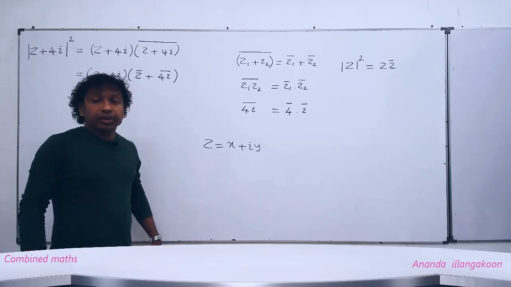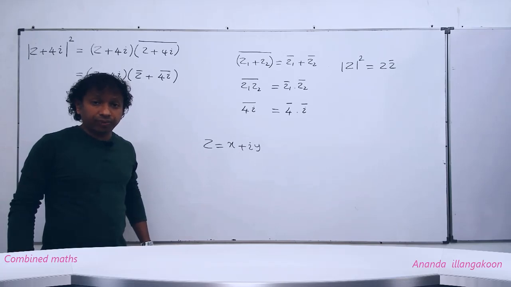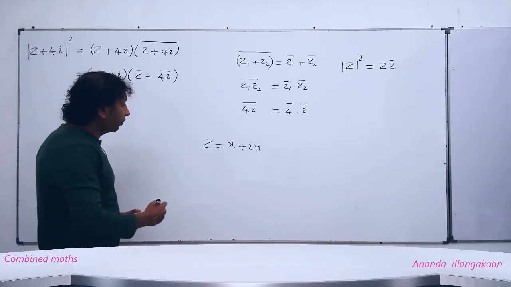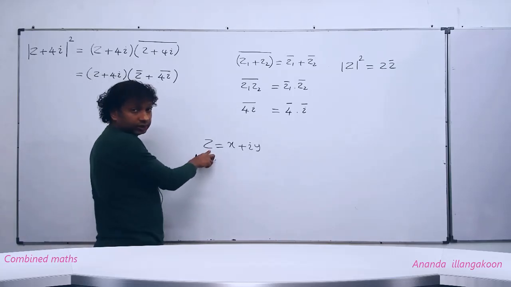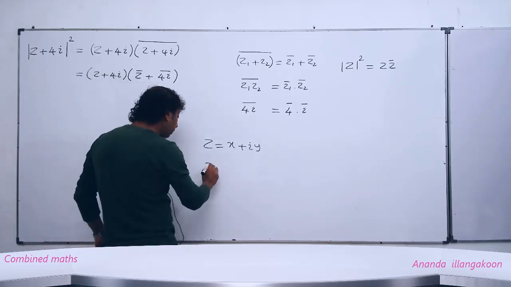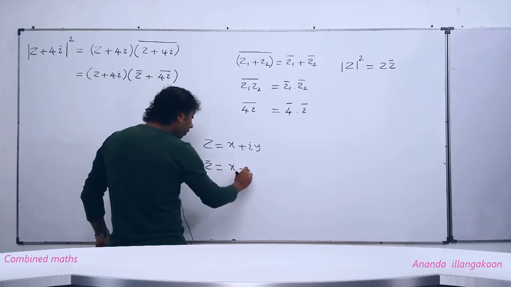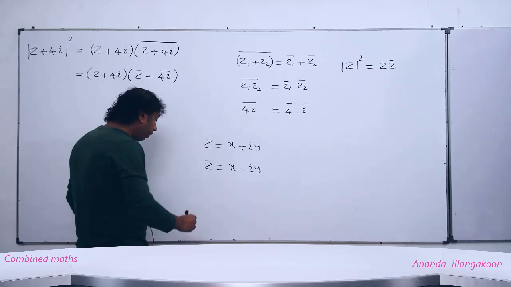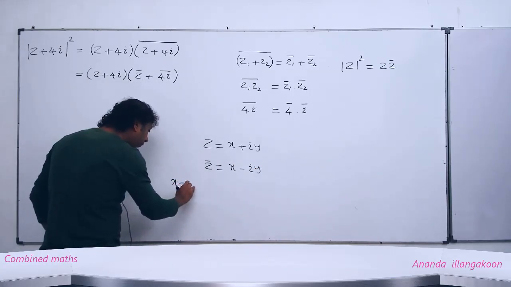Again, when the complex number is purely real or purely imaginary, what is its conjugate? Suppose the complex number is Z, then Z bar is x minus iy. Suppose x is 0.